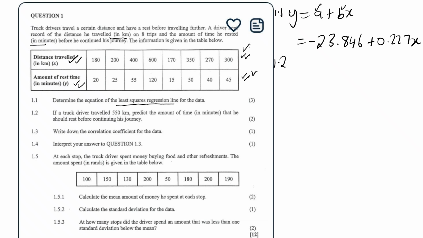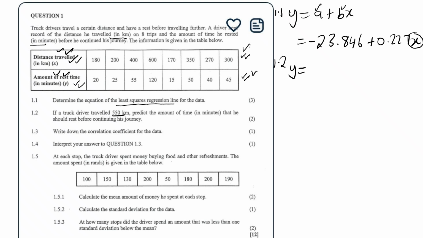1.2. If the truck driver traveled 550 kilometers, predict the amount of time in minutes that he should rest before continuing his journey. So the distance is our variable x, and our y is the amount of time in minutes. If the truck driver traveled 550 kilometers, this is our x. Therefore we want to find the time, which is our y.